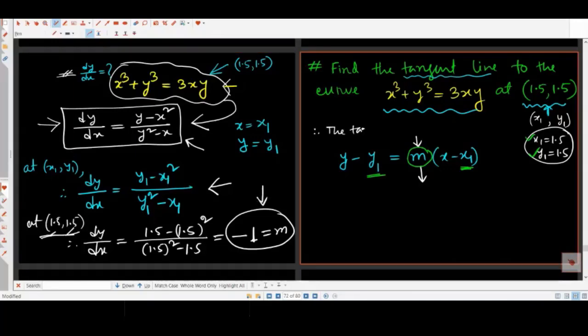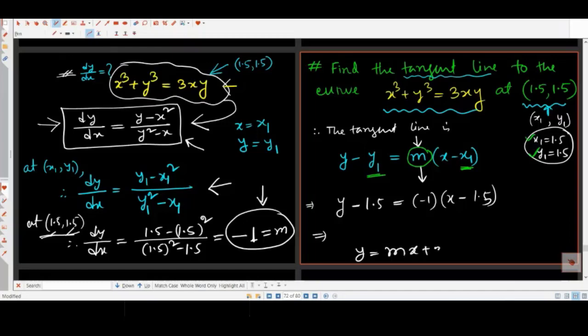So the tangent line is y minus y1 equals m times (x minus x1). We can just input whatever we have in hand. So y1 is 1.5, m is negative 1, and x1 is 1.5. Now we can simplify this and move to y equals mx plus c, which is the standard form of a straight line.